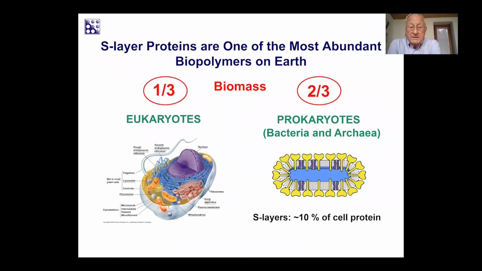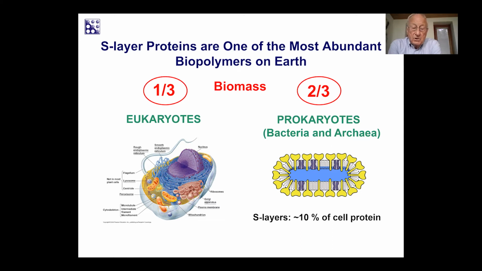Now, I would like to stress at the beginning of my talk that S-layer proteins are one of the most abundant biopolymers on Earth. If we think about the biomass, eukaryotic organisms are roughly 1/3, and prokaryotic organisms are 2/3. We just don't see them. And in prokaryotes, it's the bacteria and archaea.